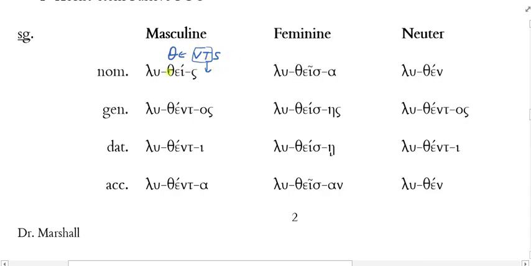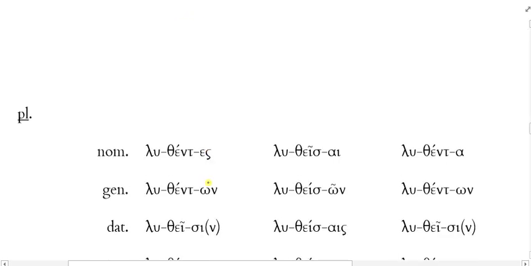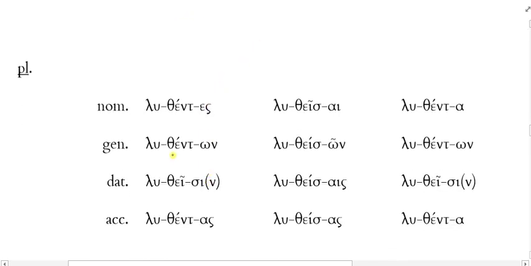It will compensatorily lengthen by becoming a diphthong, okay, and add the iota. So that's what's going on. When you don't have to do that, the epsilon will stay by itself in all the other forms, okay? So everybody, luthais, luthentos, luthenti, luthenta. And then the plural forms, luthentes, luthenton. And then here we get our compensatory lengthening because the nu tau fell out, luthesi and luthentas.